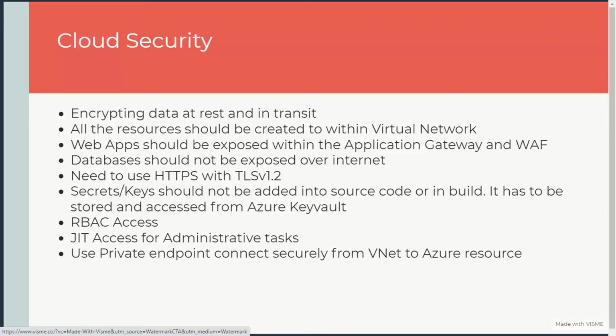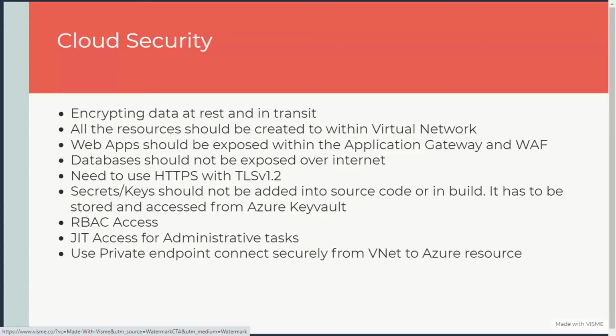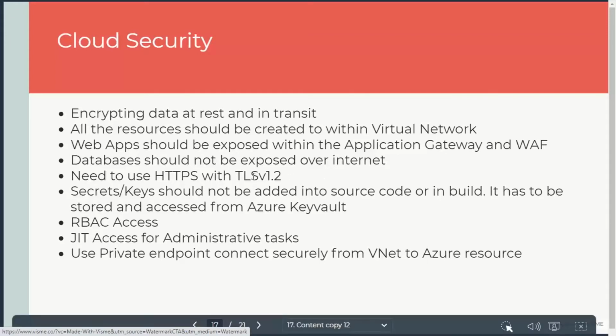Currently most of them are using TLS 1.2 because there are some possibilities for security attacks in TLS 1.1, so wherever possible we have to use TLS 1.2 or a higher version.